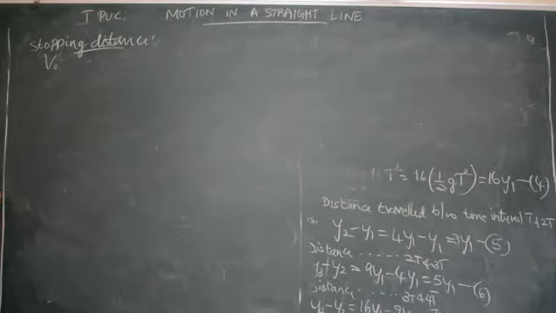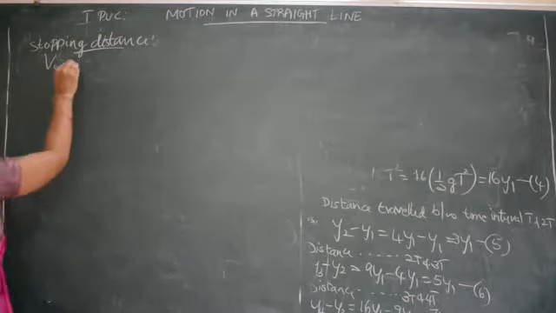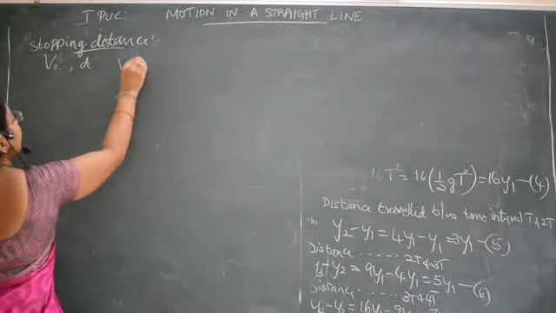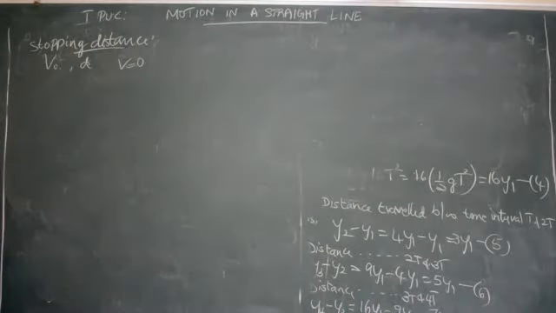Initially it is moving with the velocity v0. Let us apply the brake and the vehicle is stopped at a distance d. Finally, the velocity of the body is 0. It has stopped after moving the distance d.